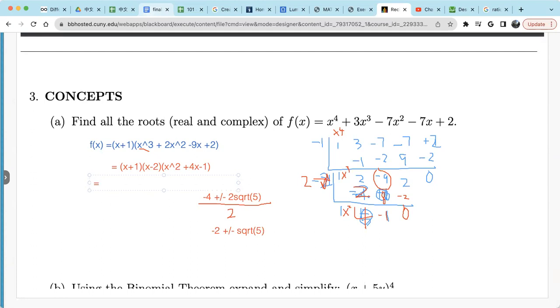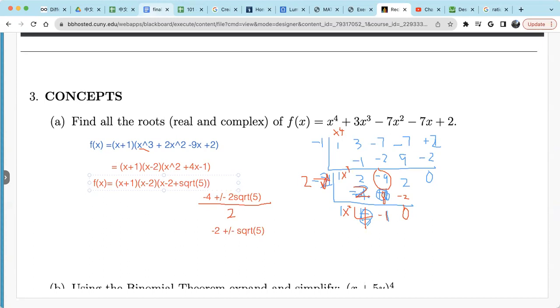We write it like this: f of x, of course we start with f of x, equals, the real roots will have x plus 1 times x minus 2. Now we have x minus, negative 2 plus square root of 5. You see that?